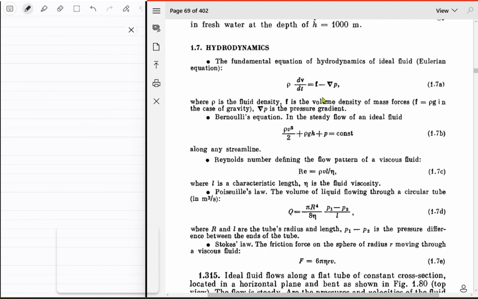Now that I've explained this equation, let's go to the next equation. Oh, and actually I didn't explain what F is. F is the volumetric density of the force at that point. What that basically means is dF vector upon dV.